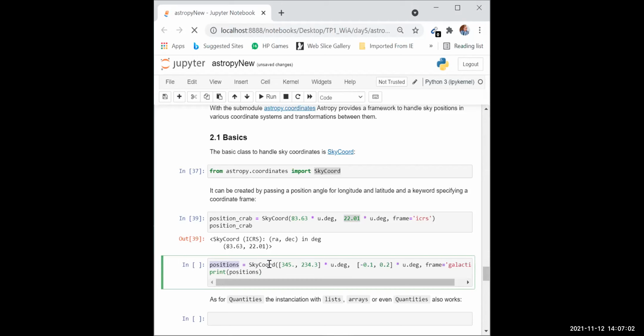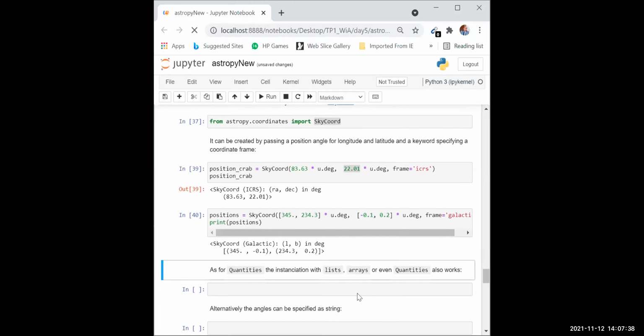So in this rectangular bracket, I'm giving 345 and 234.3 as the array, and declinations I'm giving for 2 objects, minus 0.1 and 0. And we are specifying that these are in degrees. So the unit which we are using is degrees. And this time I'm saying these are galactic coordinates, right? And then I'm printing the position.